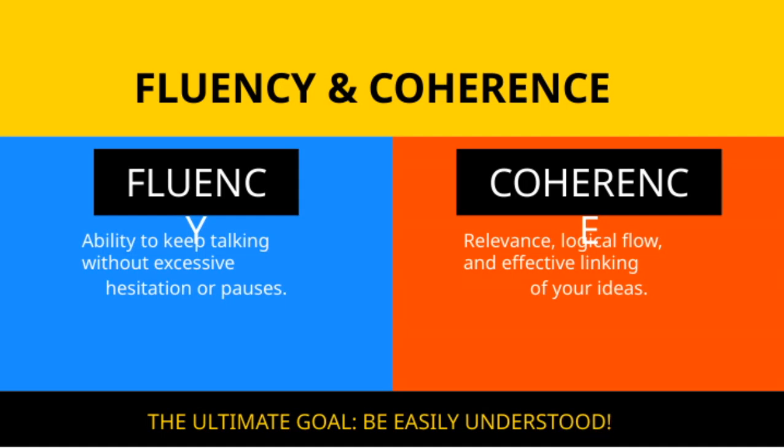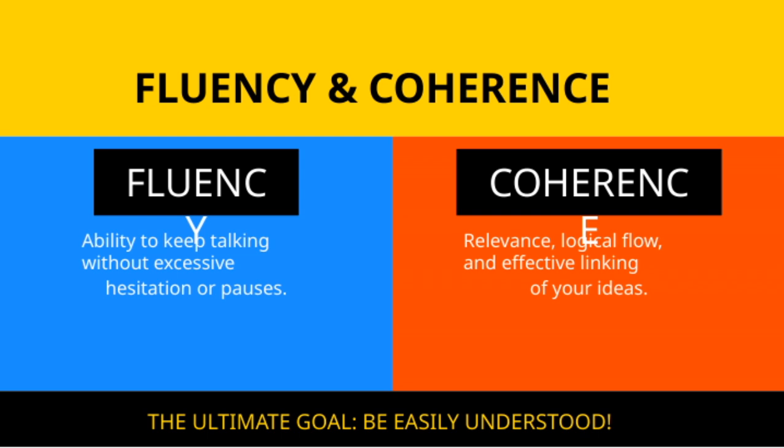The ultimate goal in any presentation is to be easily understood. That means making sure your ideas are relevant and flow logically from one to the next. Effective linking of your ideas helps your audience follow along effortlessly. Coherence is all about keeping your message consistent and connected throughout your talk.